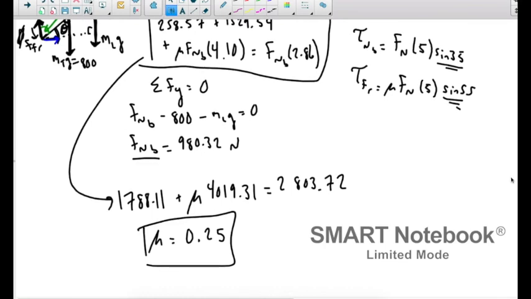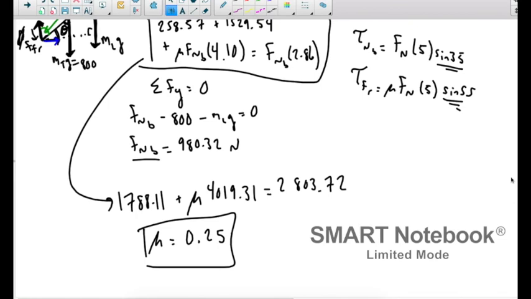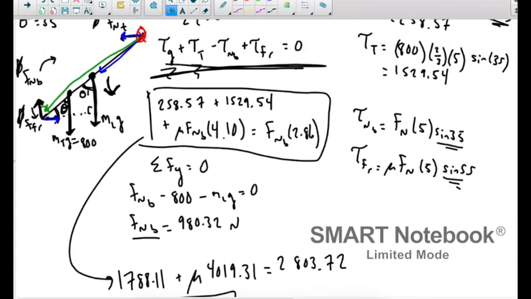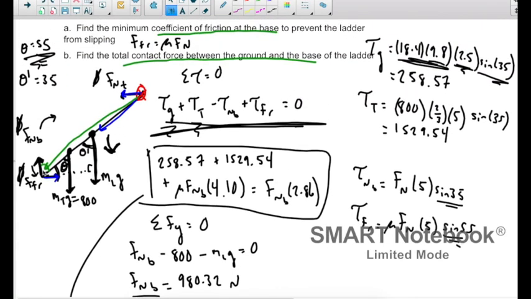I believe that there may have been an easier way of doing all of this, or at least an alternative way. We could have taken our axis of rotation down here at this bottom, and then we could have solved for only 3 torques, the torque due to gravity, and then this normal force would have been a torque.